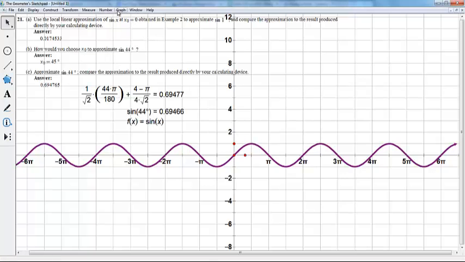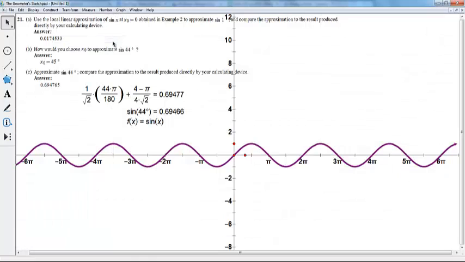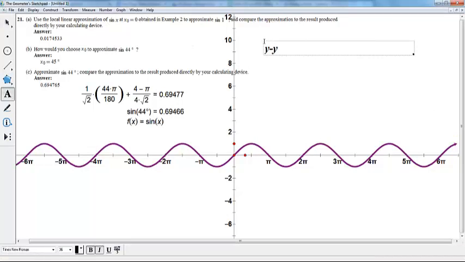I'm just going to hide the grid here. We're just going to use y minus y1 is equal to m times x minus x1. So our y1 is, we're looking at the sine of x, and x and sine of x are 0, 0. So we'll put y minus the sine of 0 just to remind us of what we're doing.